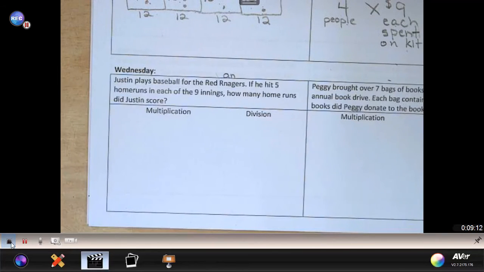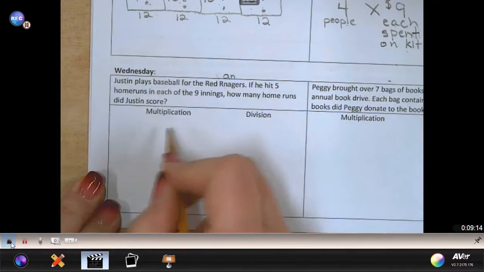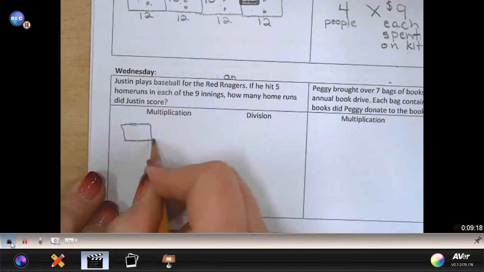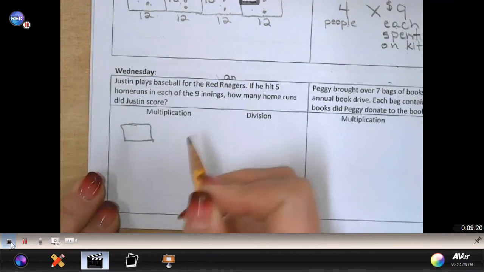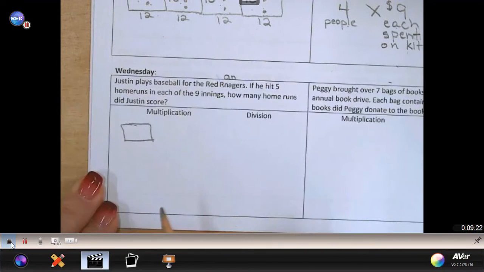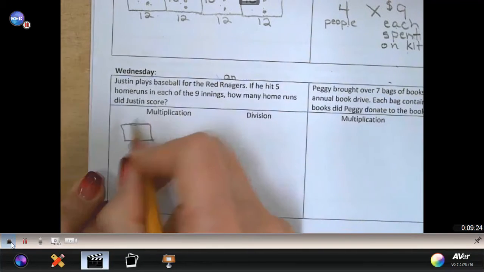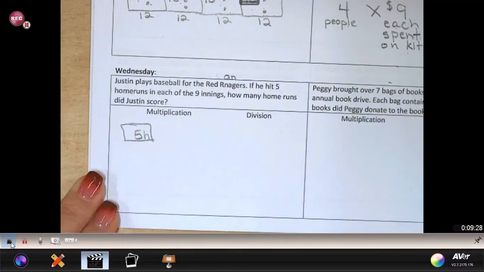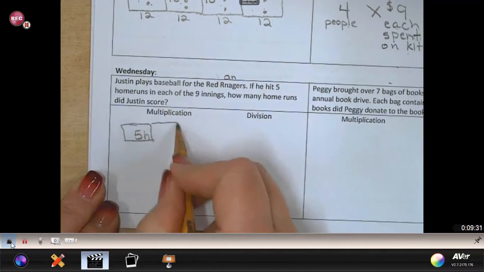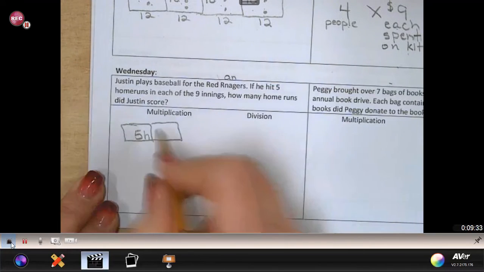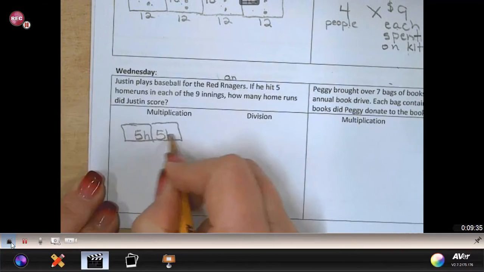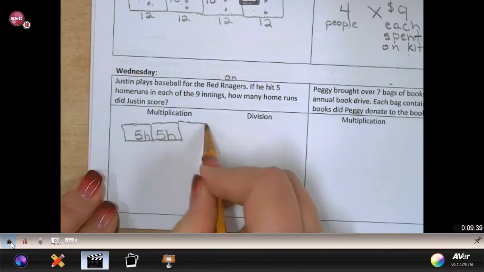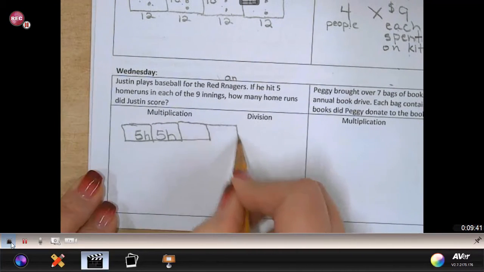Now, if we look at inning 1, let's just start drawing ourselves a diagram. The first inning, we're pretending that Justin's playing baseball and he hits 5 home runs. Just going to put an H there for home runs. Then he goes to bat for the second inning and he scores another 5 home runs. And we can continue this pattern for every inning.